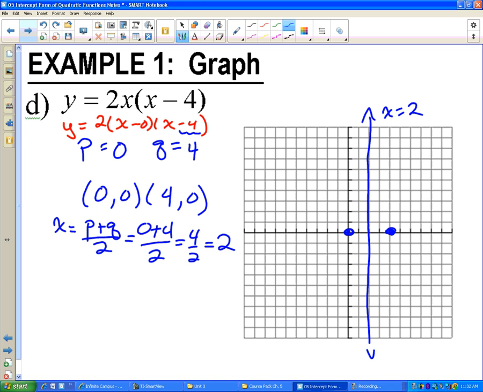Okay, what is my y coordinate? y is equal to 2 times my x coordinate, which we've already said is 2, times 2 minus 4. 2 times 2 is 4. 2 minus 4 is negative 2, so this is negative 8. 2, negative 8.